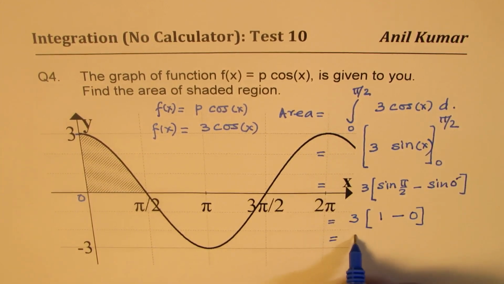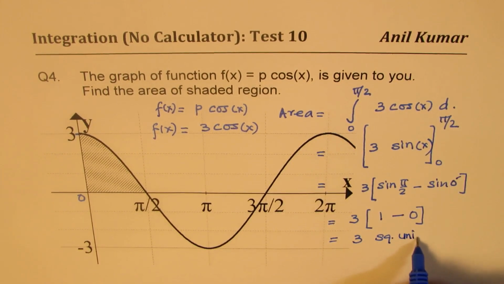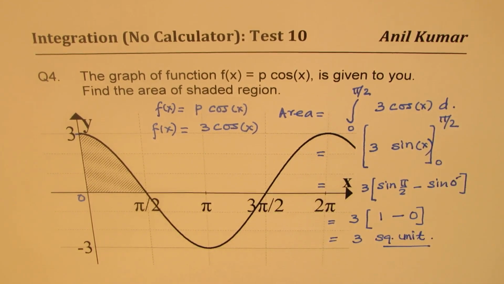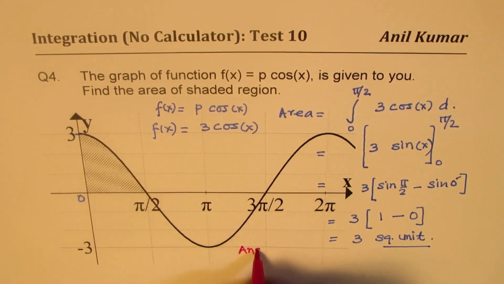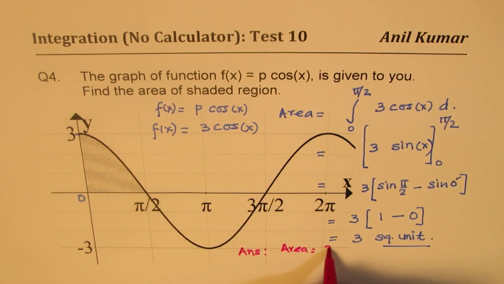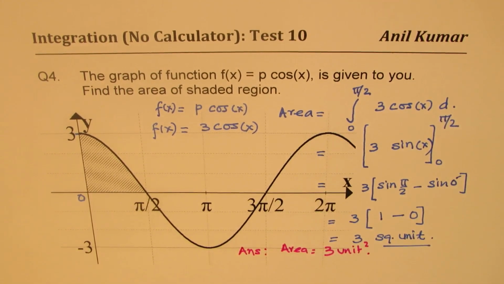So that gives us a value of 3 square units. So the answer here is that the area equals 3 square units. Perfect. So that is how you could solve it.